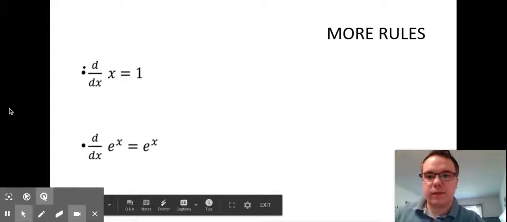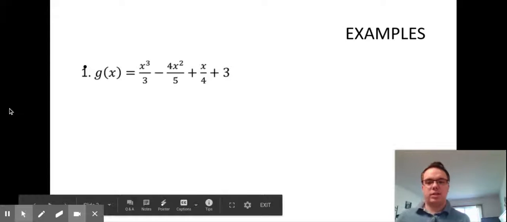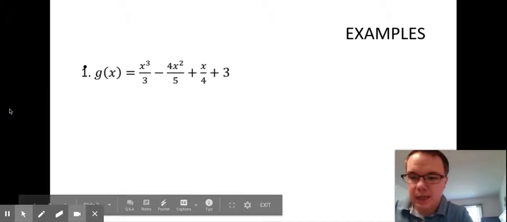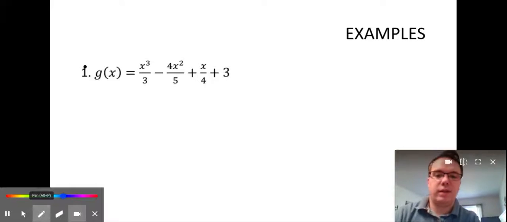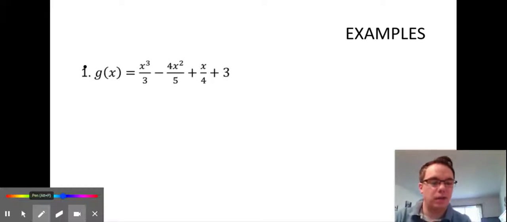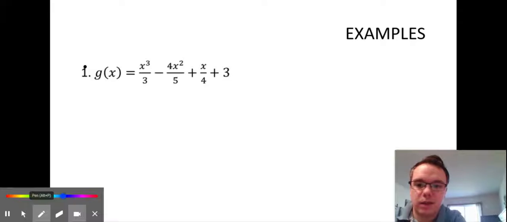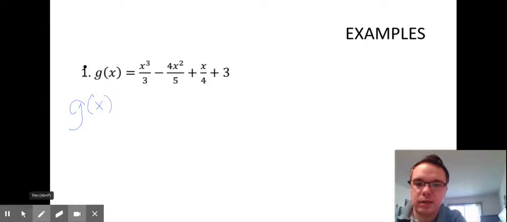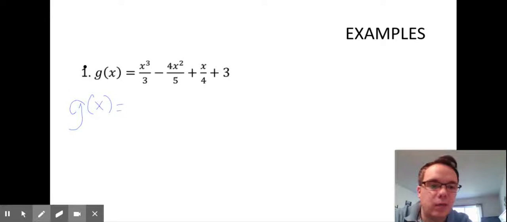All right, so let's do our first example. Our first example is g of x equals x cubed over 3 minus 4x squared over 5 plus x over 4 plus 3. The reason we're doing an example like this is so I can show you that it is easier to change our original function. So we're not going to do anything with the derivative right away. We're going to change the division to fractional exponents.